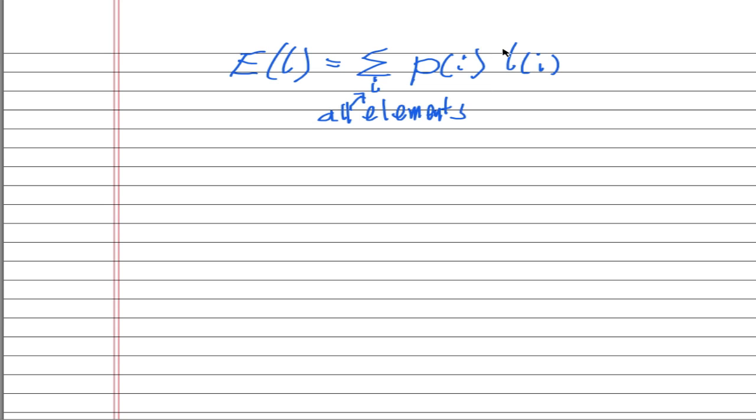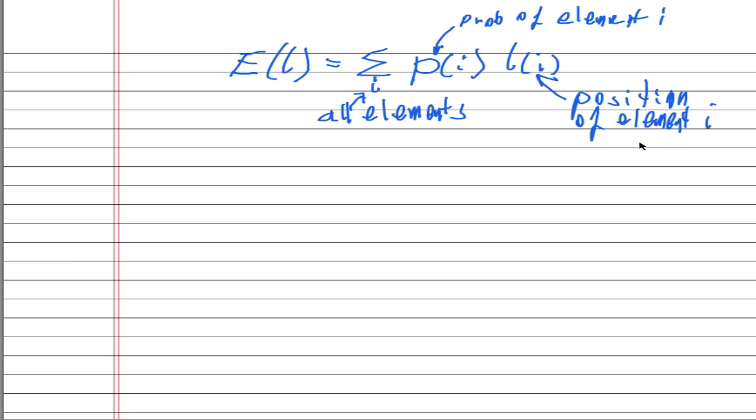Before we had the elements A, B, C, D, and this is the probability of element i, and this one is the position of element i in the list.